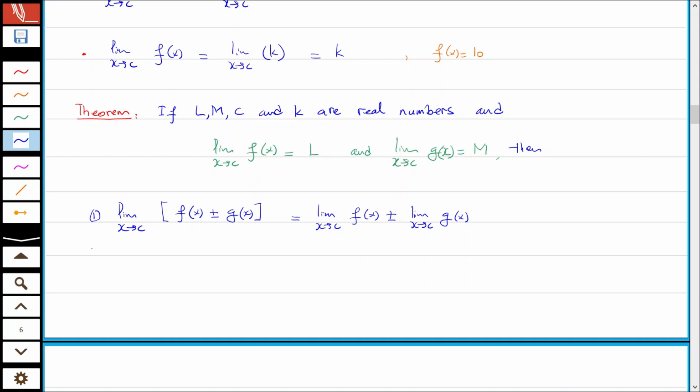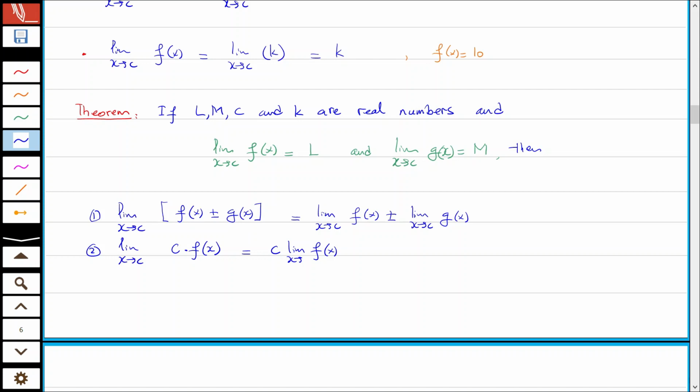Similarly, if you have the limit as x approaches c of a constant multiplied by f of x, you can factor the constant out of the limit and then take the limit of the function first and then multiply the limit value with the constant.